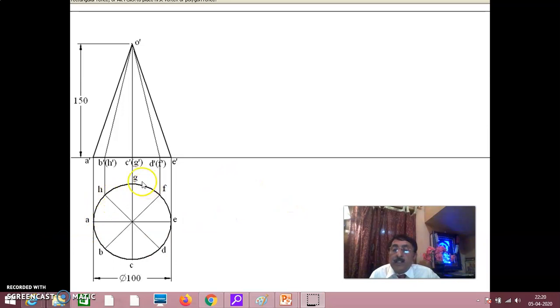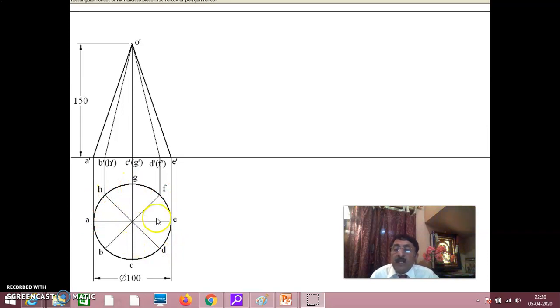Now, see here, you have drawn a circle. Since there are no edges here, unlike pyramids, prisms and all that, you divide the circle into 8 equal parts. Then A, B, B, C, C, D, D, E, E, F, F, G, G, H and H, A are all imaginary edges.